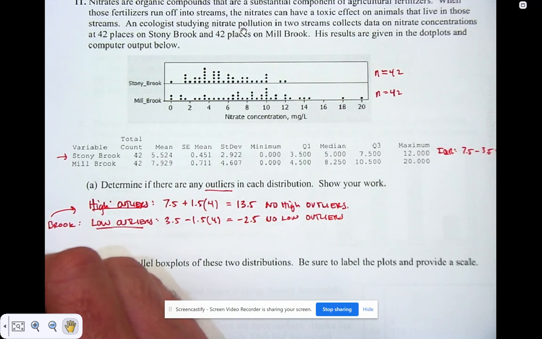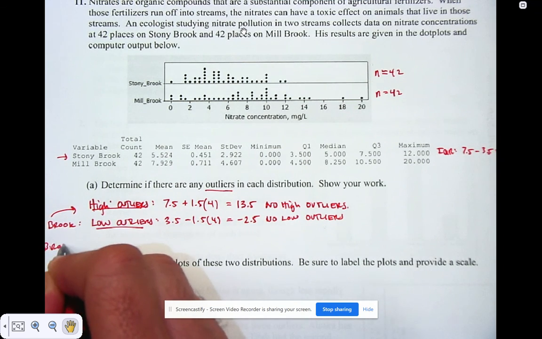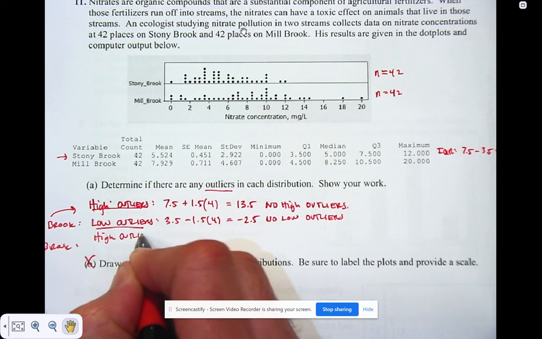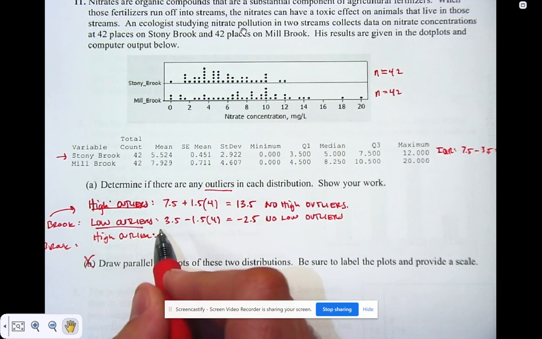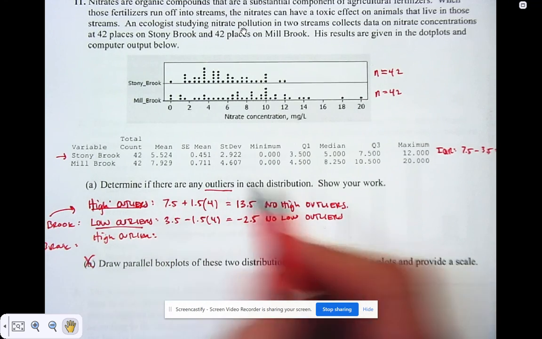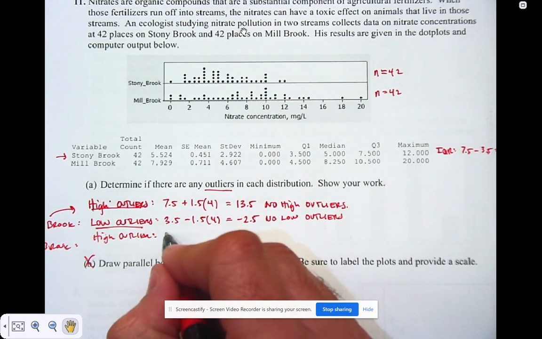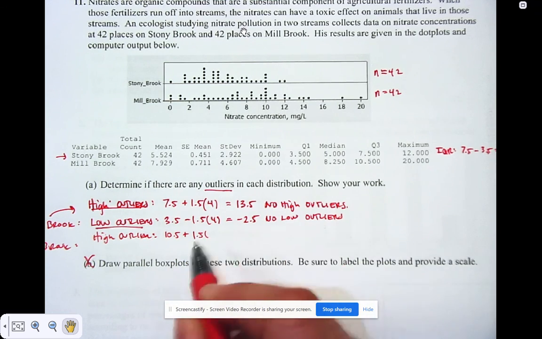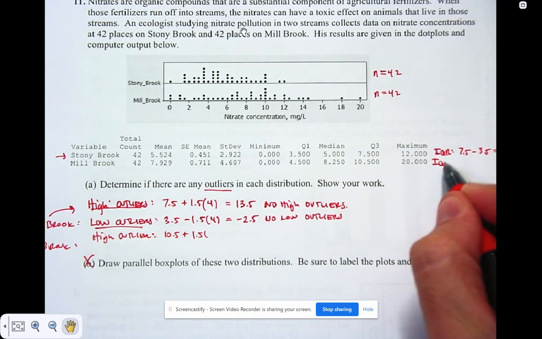Now let's do Millbrook, our other data. Let's do the high outliers. We do the same thing, but we use the other data. So here, quartile 3 is 10.5. 10.5 plus 1.5 times IQR. Well, we need to find the IQR.